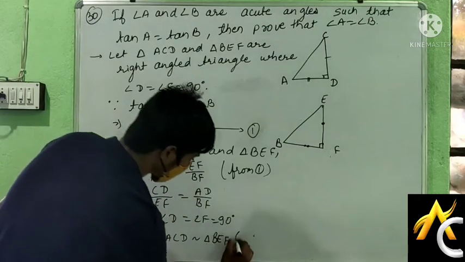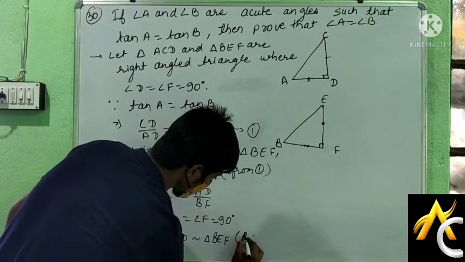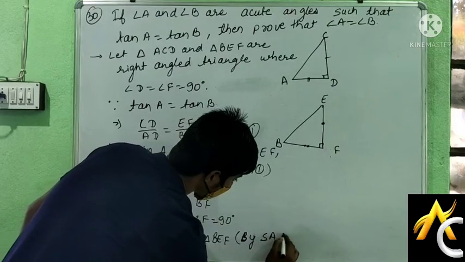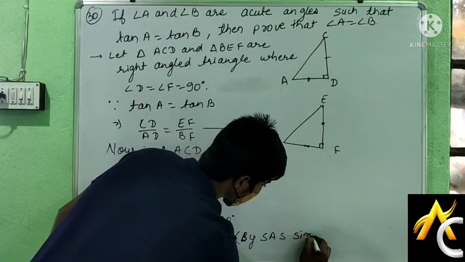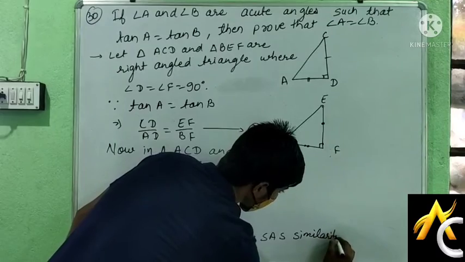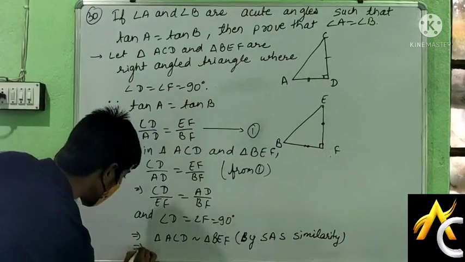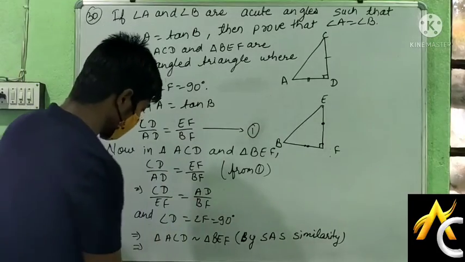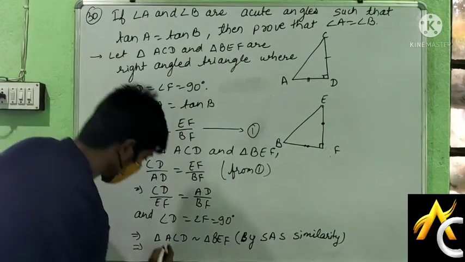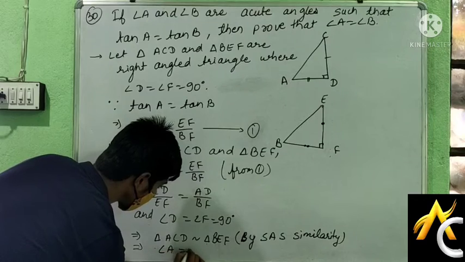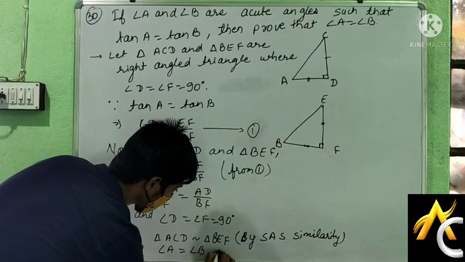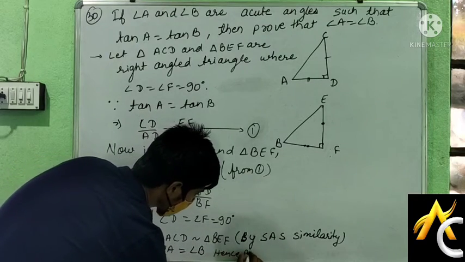B, by side angle side similarity, right? Since these triangles are similar, we can write angle A is equal to angle B. That implies angle A is equal to angle B, hence proved.